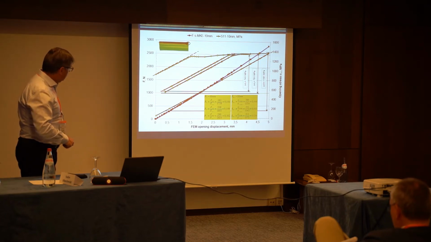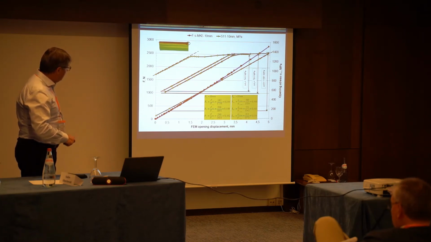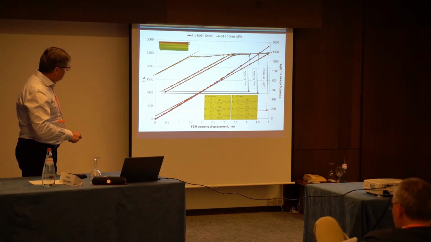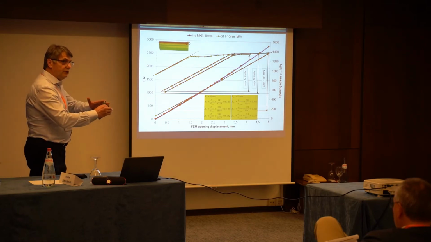Here is the load versus displacement, this blue line from the origin, from zero. But this is what happens at the same time with the stress in this point as you unload. If you repeat this, for example with this straight line, it will come to this point, and then you go here. So there is always some shift that will happen.